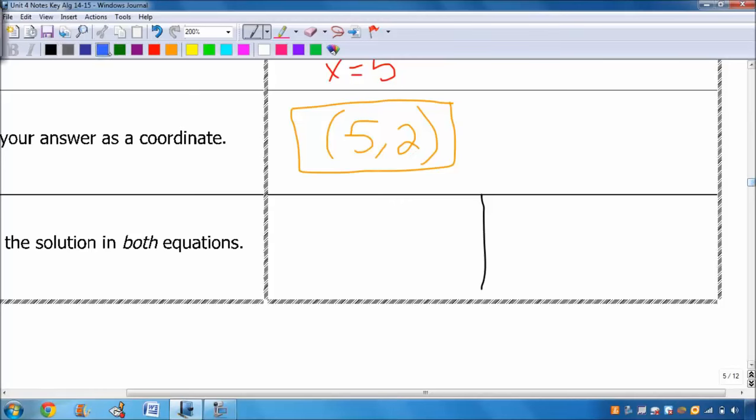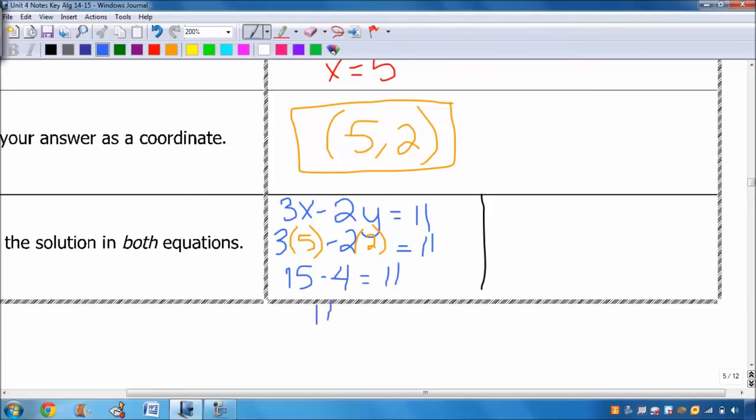So I'm going to go ahead and write that down. 3x minus 2y equals 11, but instead of x, I'm going to replace it with 5, and instead of y, I'm going to replace it with 2. Then I'm just going to go ahead and evaluate. So I get 15 minus 4 equals 11, and then 11 equals 11.